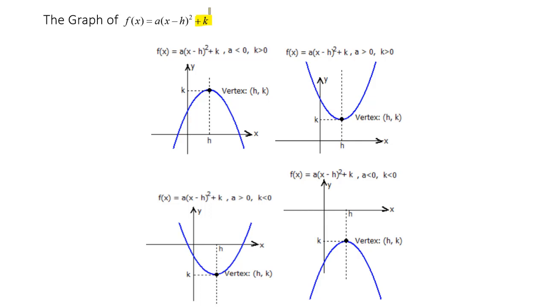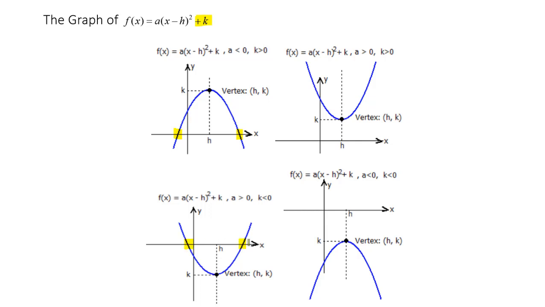Notice that k greater than 0 could shift an opening downward parabola up for 2 solutions, or an opening upward parabola with 0 solutions. Solutions I'm just referring to as the intersections with the x-axis.